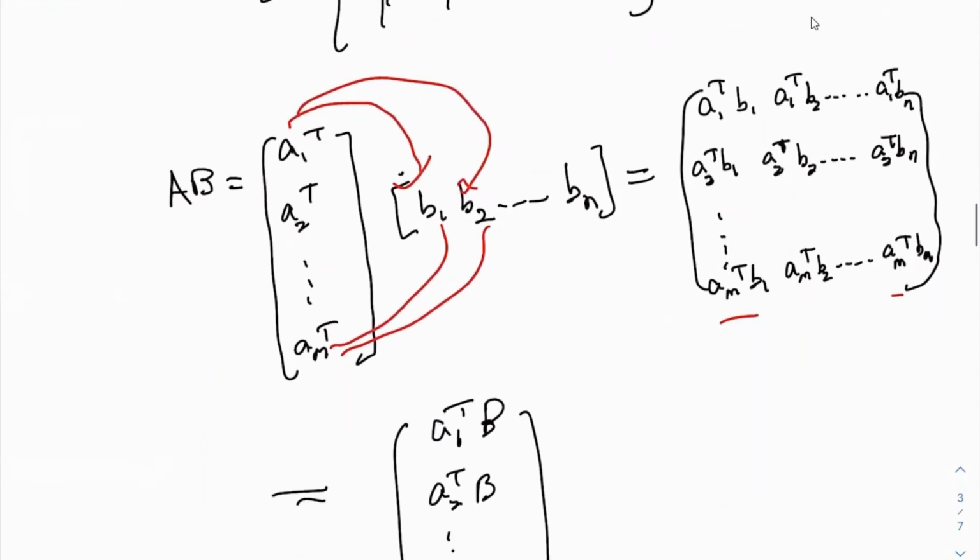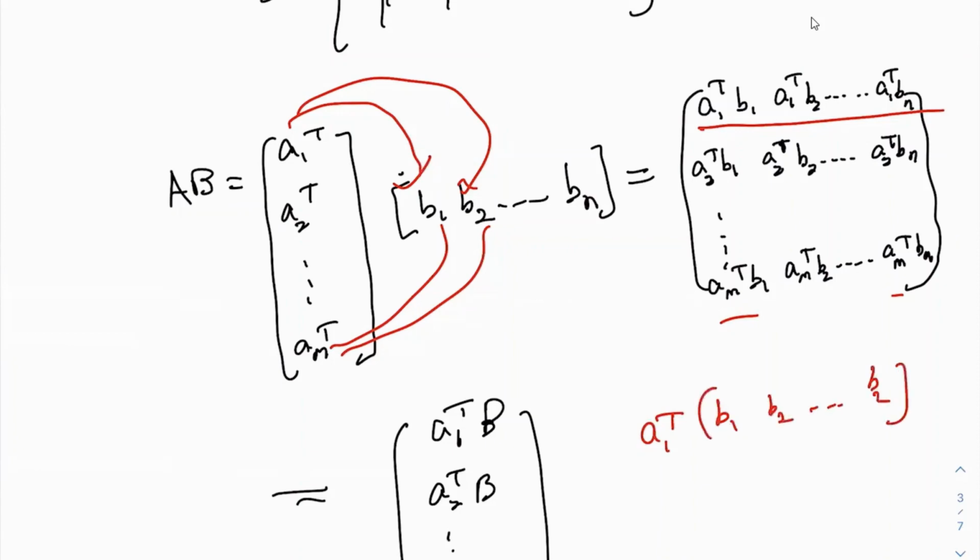Now, if you take a look at this closely, look at the first row here. You see that the A1 transpose is the same. So you can factor out A1 transpose here, and you will get what? B1, B2, all the way to Bn. But wait, what is this?